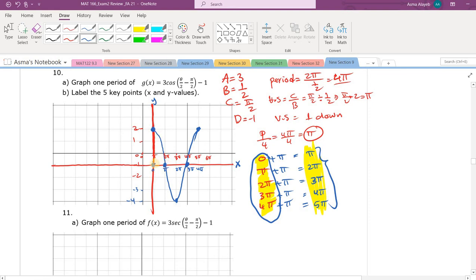So this point is 0. This point is π and 2. Okay, let me do it here. So this is π and 2, 2π and -1. And then 3π goes to -4.